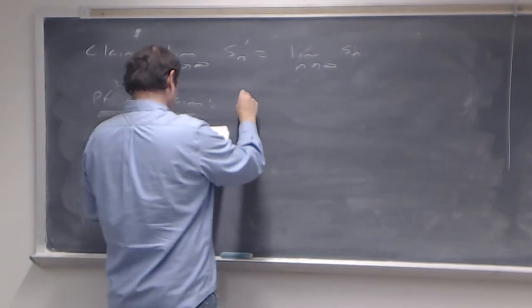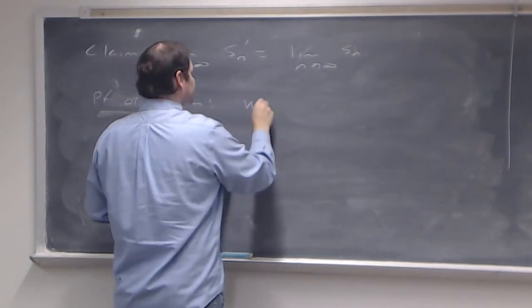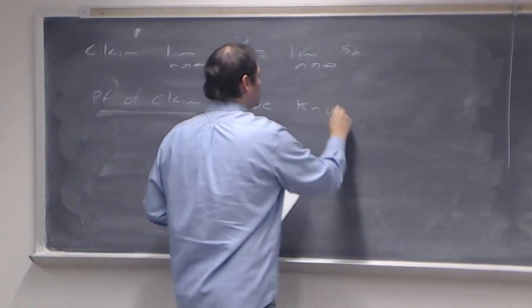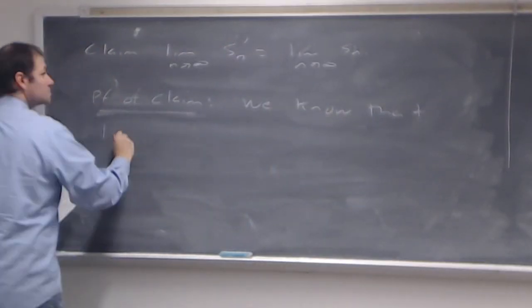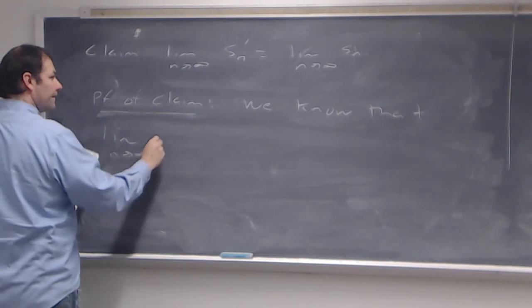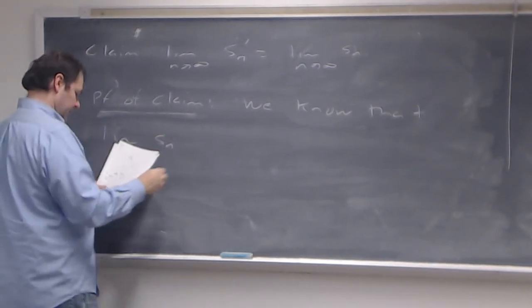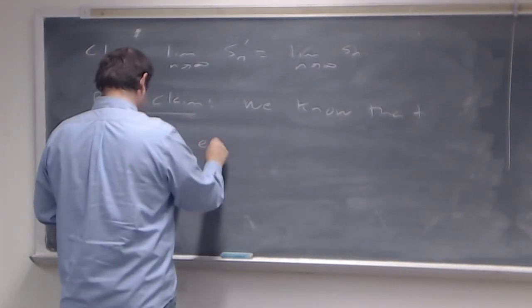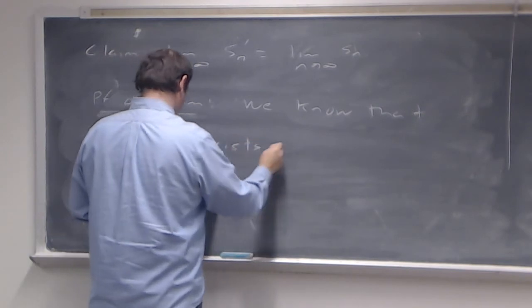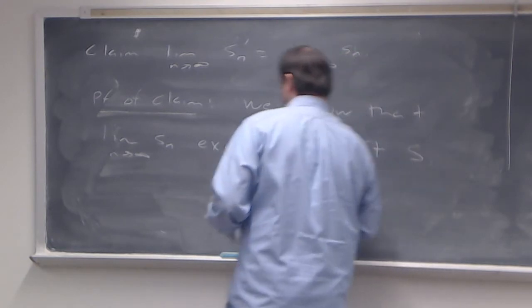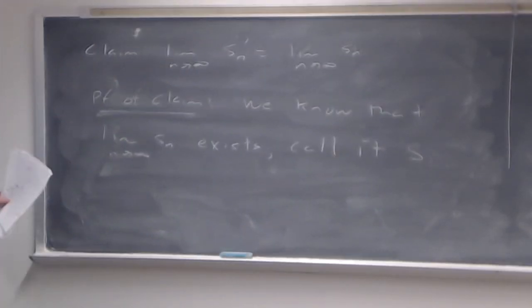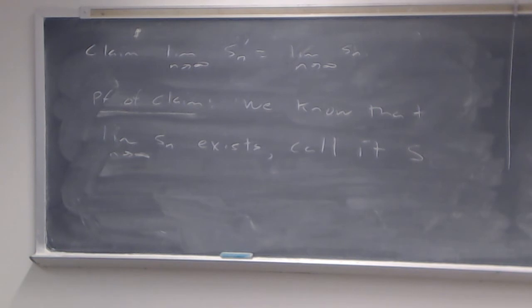First of all, note that we know that the limit as n goes to infinity of s of n exists. We'll call it s. We know that because the series of a sub n converges. Okay?